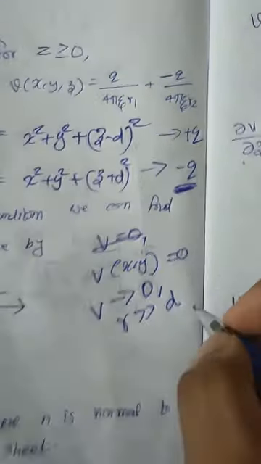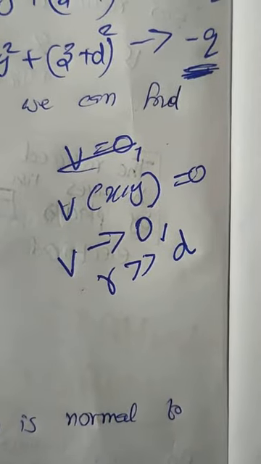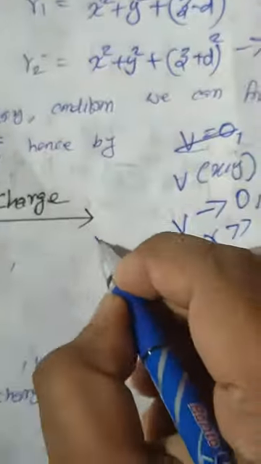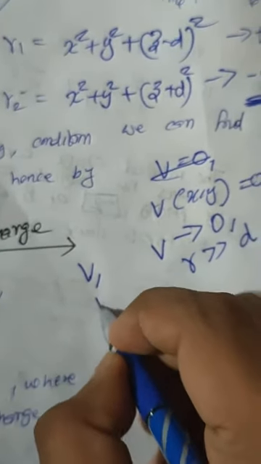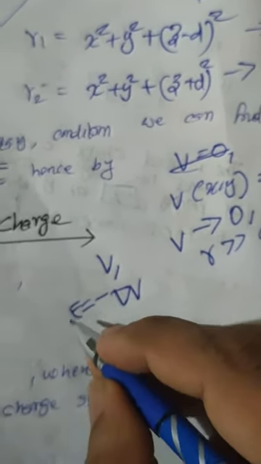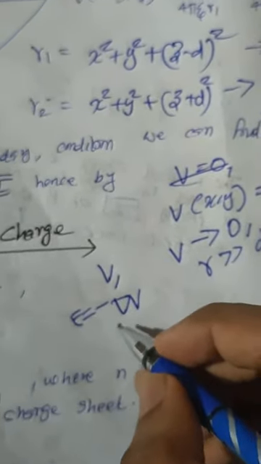So these are the two boundary conditions that we have, and based on them we can find V, and from V we can find the electrical field as minus del V, and from this E we can find the charge.